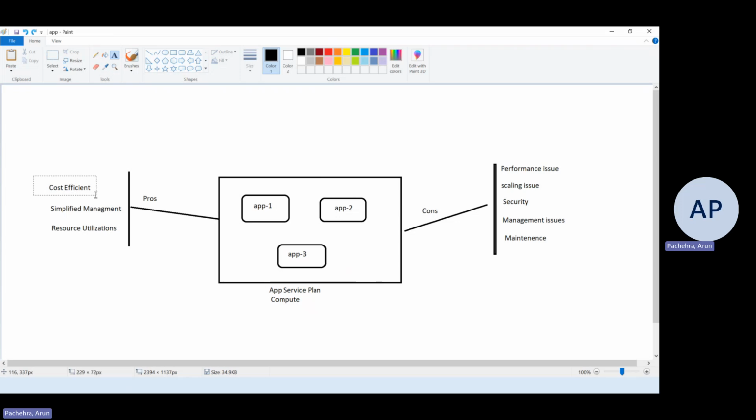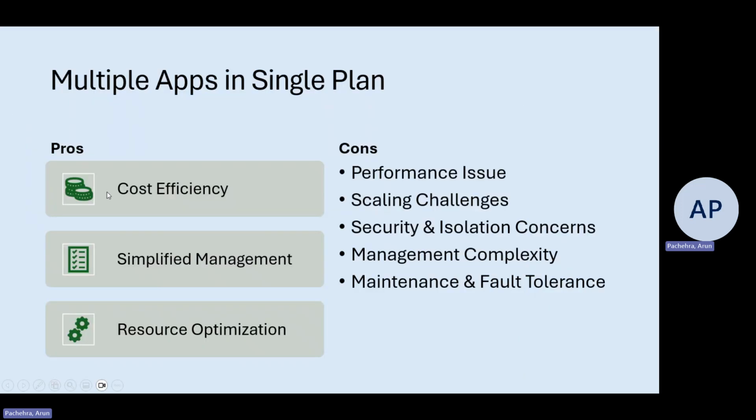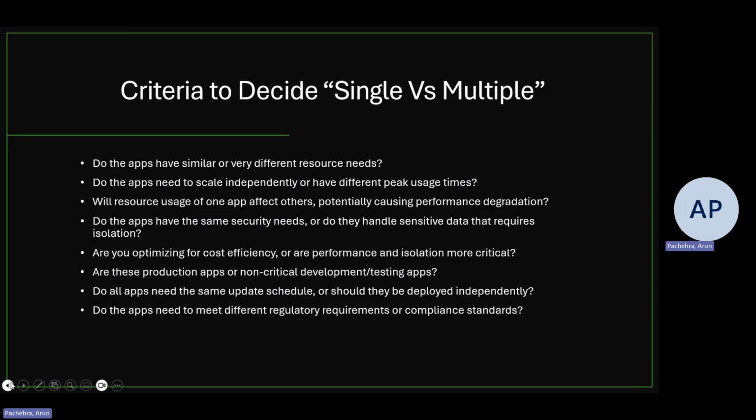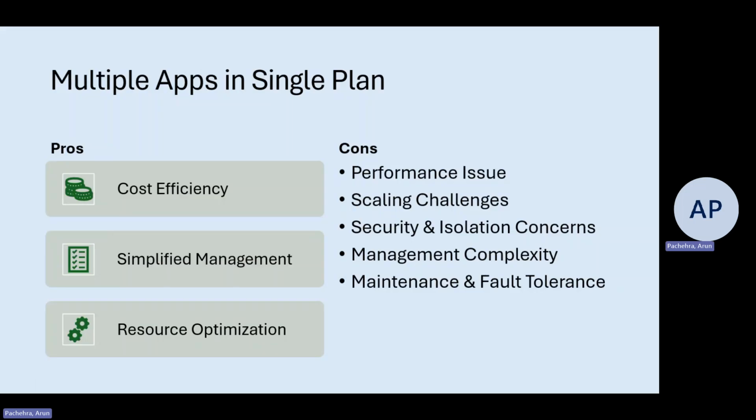So that is the cost efficiency, which was our first pro. By running multiple applications on a single plan, you avoid the need to pay for multiple instances of CPU, memory, and other resources, which is particularly useful in non-production environments. All right, so this is our first pro.